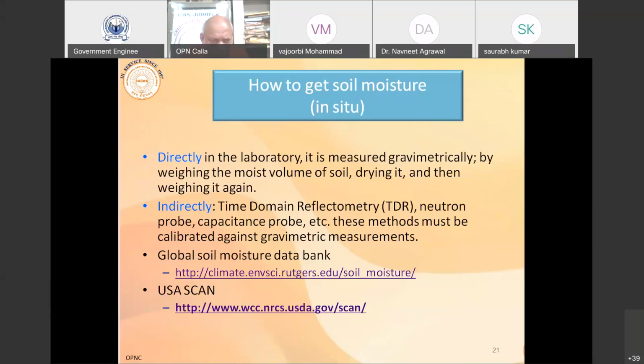So this is how in the field we can do both methods. We take the sample and do gravimetric, and also take the instrument that we are showing you in the course. Using that instrument we do the volumetric soil moisture. And we have done that in 9 states of the country, and we generated the soil moisture maps, which we will show you.